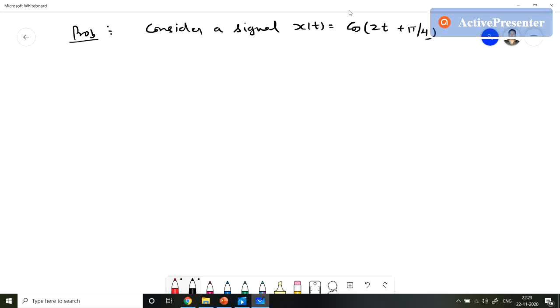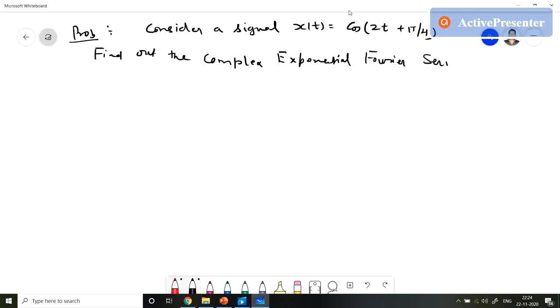Find out the complex exponential Fourier series. Let us solve this problem.